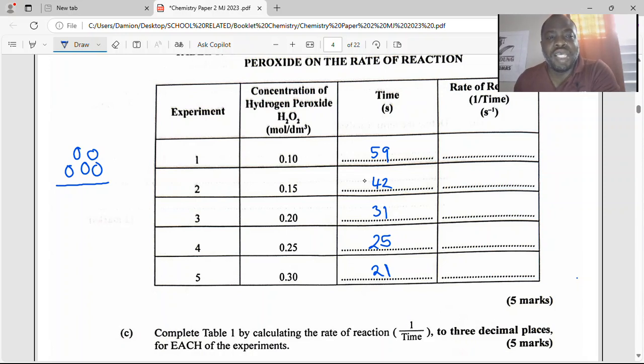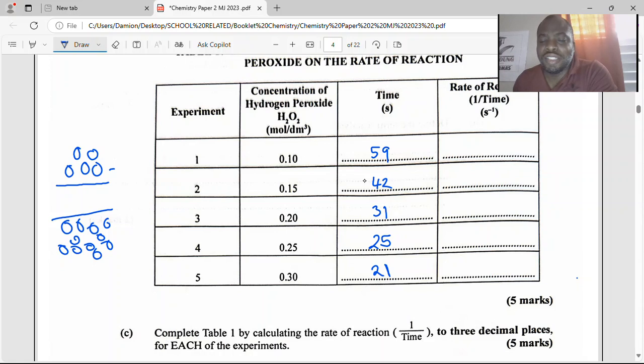So if I only had 5 particles, and then I increase it to 10 particles, what we're saying in this case is we now have more chance of collision, the frequency of collision will increase, and so the rate of reaction will also increase.